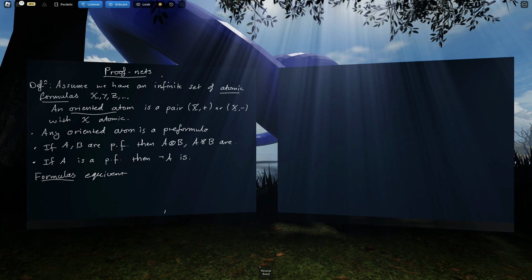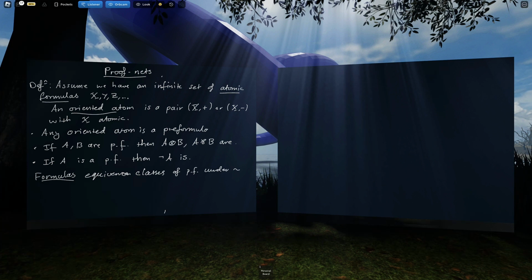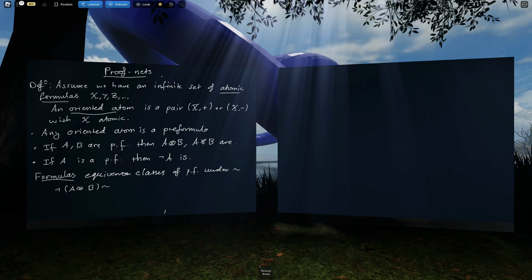So what you do is you say equivalence classes of pre-formulas under tilde, and tilde relates tensor and par as follows.